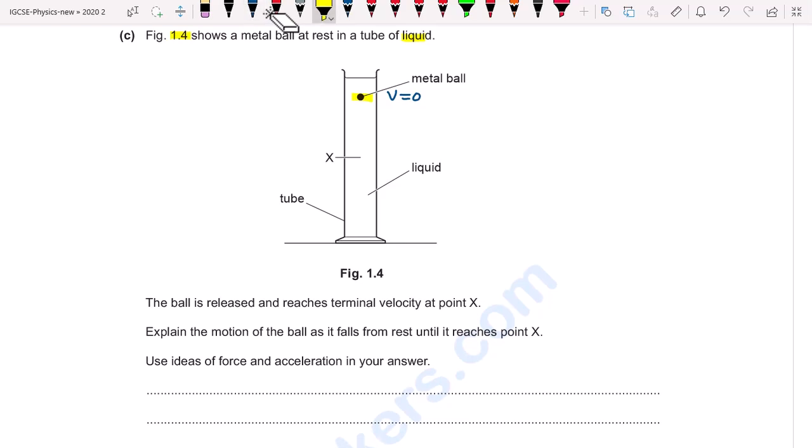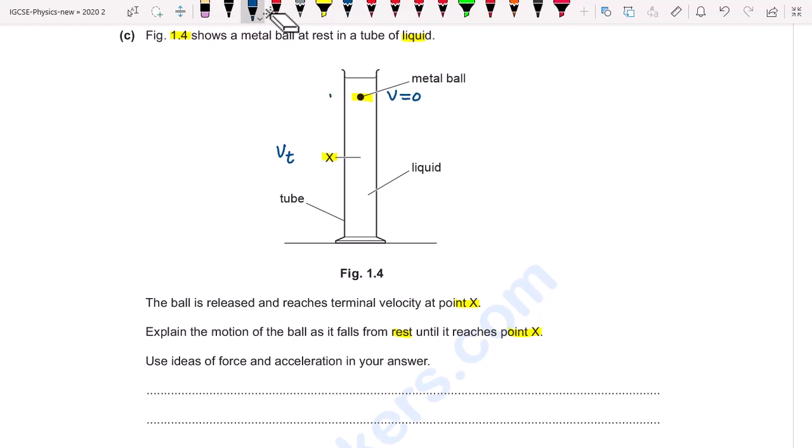The ball is released and reaches terminal velocity at point x. This is the point x, and at that point the ball reaches terminal velocity. Explain the motion of the ball as it falls from rest until it reaches point x, and at point x when it attains terminal velocity. Use the idea of force and acceleration in your answer.